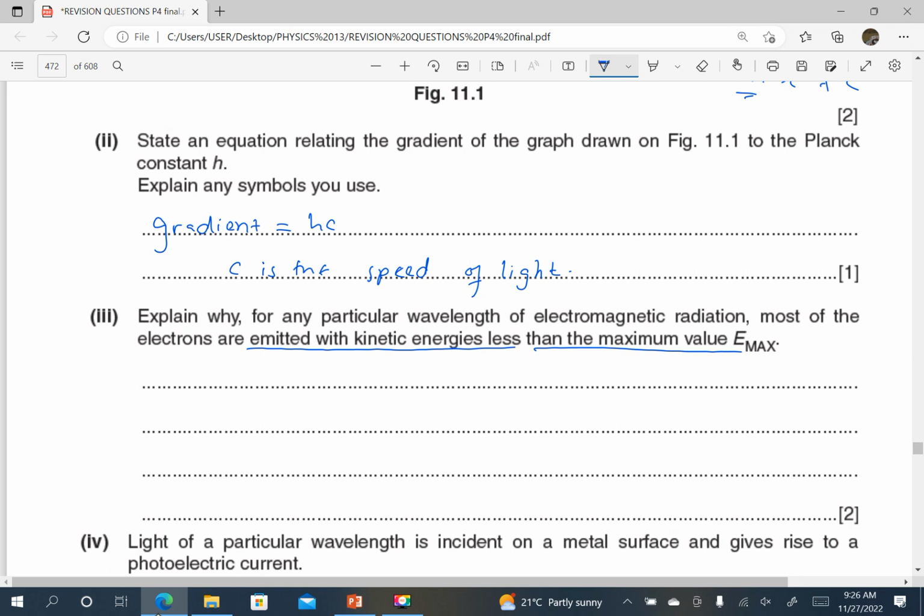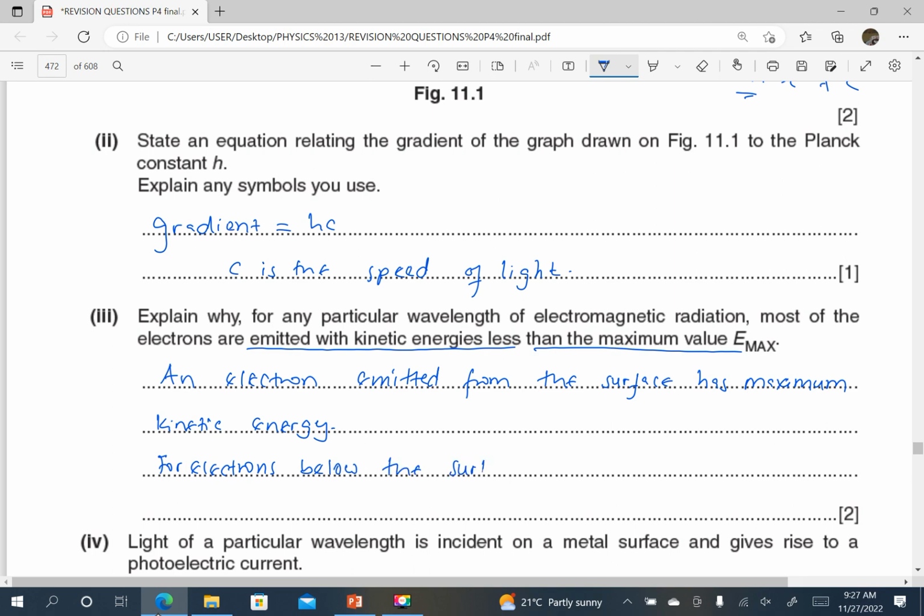So since there are two marks, we shall start by saying an electron emitted from the surface has maximum kinetic energy.